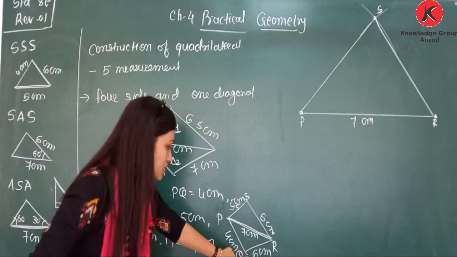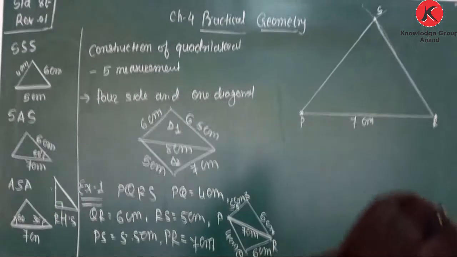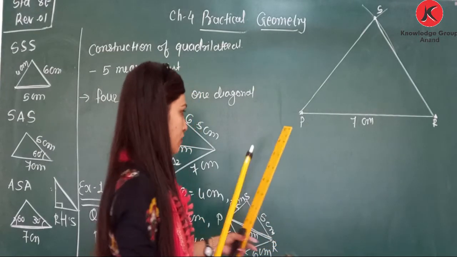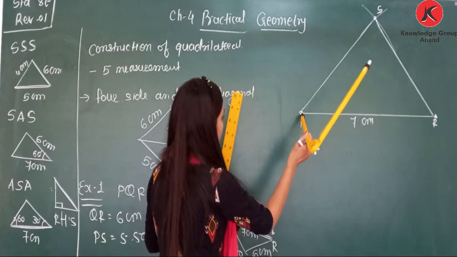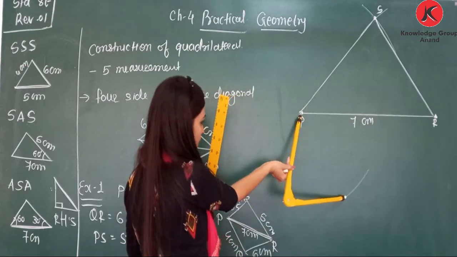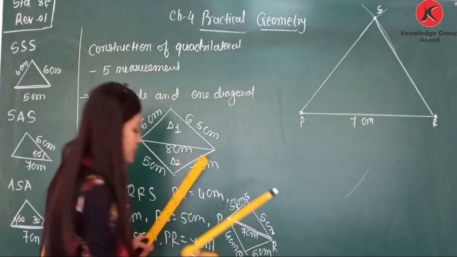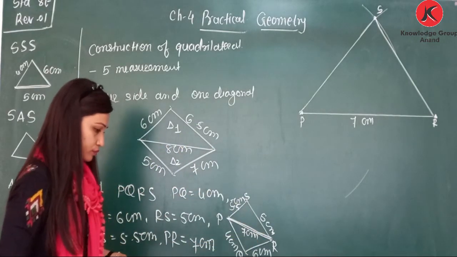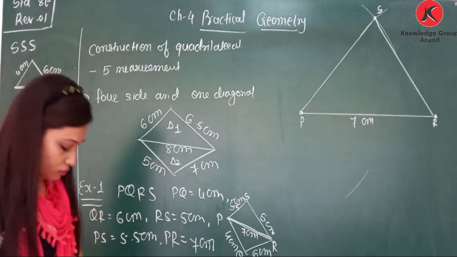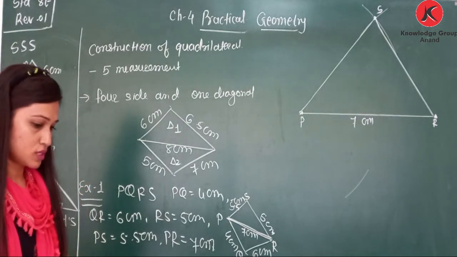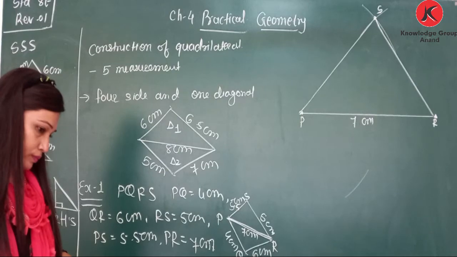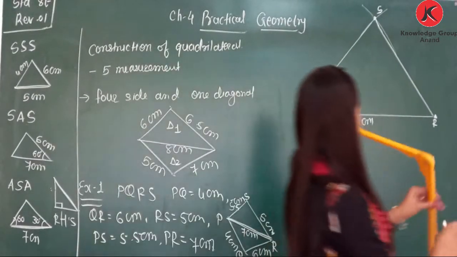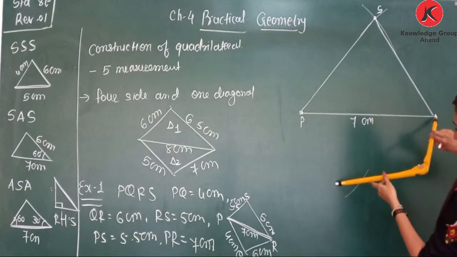Now from P, this is 4 centimeter. So let's take the measurement of 4 centimeter on compass. From P, make an arc of 4 centimeter. From R, it is 6 centimeter. So again take the measurement of 6 centimeter. So this is our 6 centimeter. And from R, make an arc of 6 centimeters.